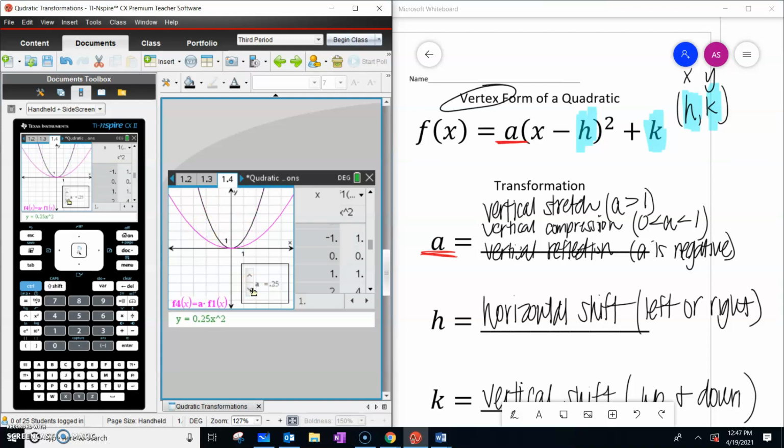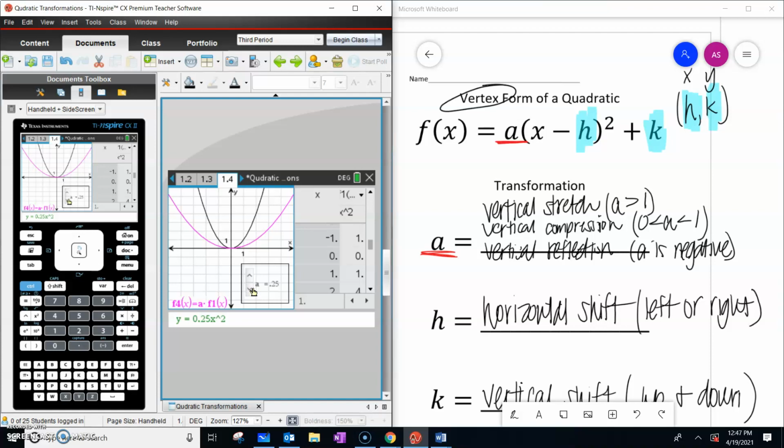Here I have an a value of 0.25 or 1/4. As you see, this graph just got wider. Since it's wider, we call that a vertical compression, because vertically it's being smushed together, meaning it's being pressed together. So again, we call that a vertical compression.